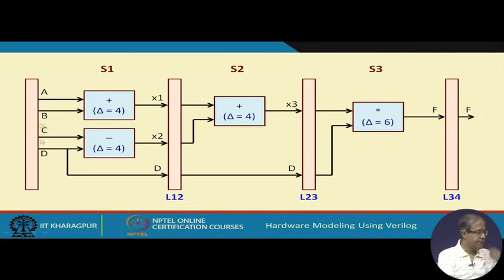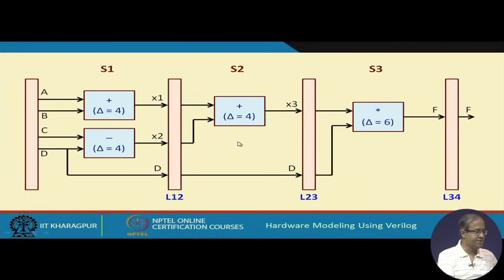The values coming in are A, B, C and D. We are assuming that the delay of both addition and subtraction is 4 units. So, delta is the delay of this block. And because D will be needed later, as I had said, the value of D is also forwarded here.